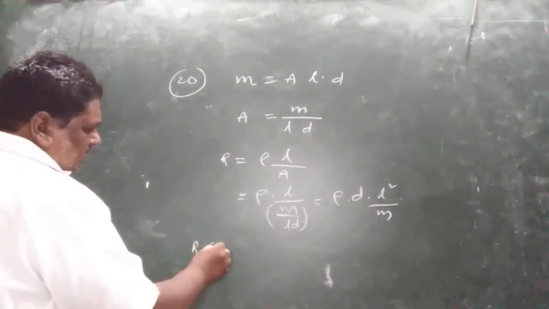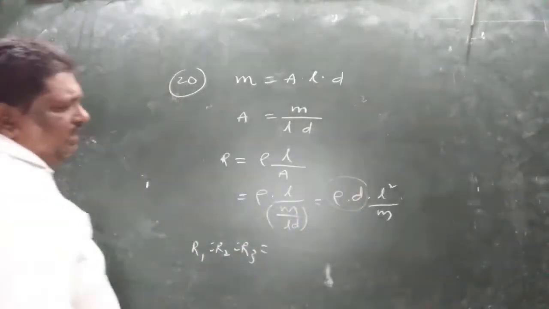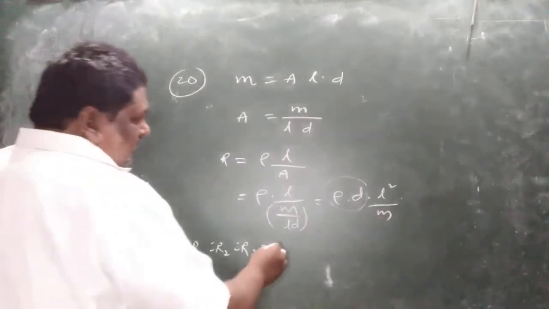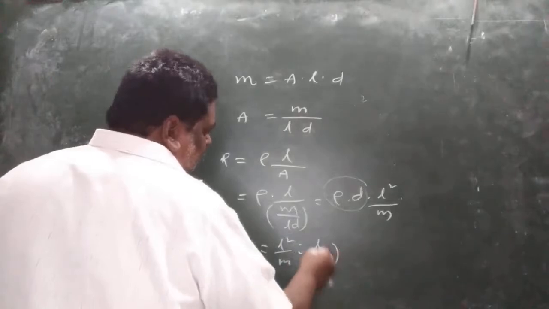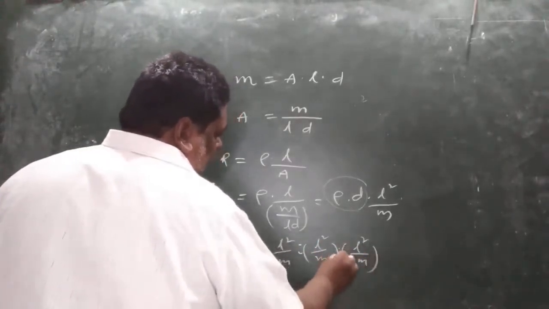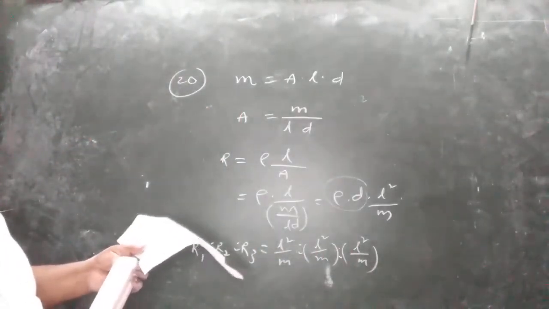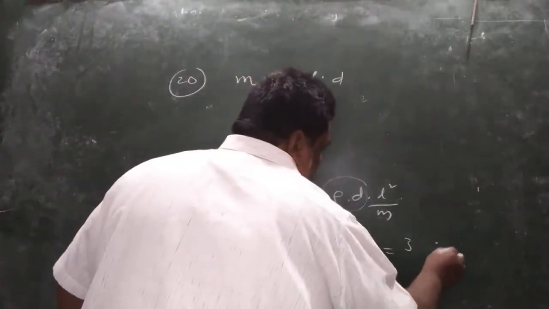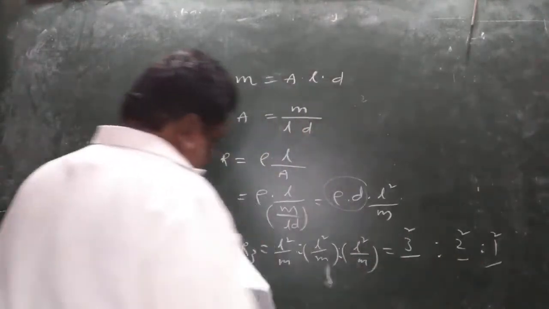So R1 is to R2 is to R3 is equal to... This is a common density, same material, so resistivity and density are common and cancelled. That's why L square by M in the first case, L square by M in the second case, L square by M in the third case. See, first case: lengths 3:2:1, this is the length ratio.